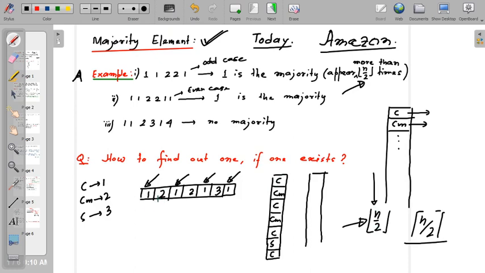So here we are having 7 elements. So 7 by 2 floor is how much?